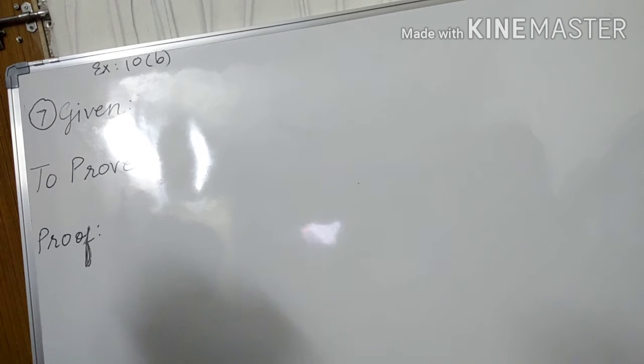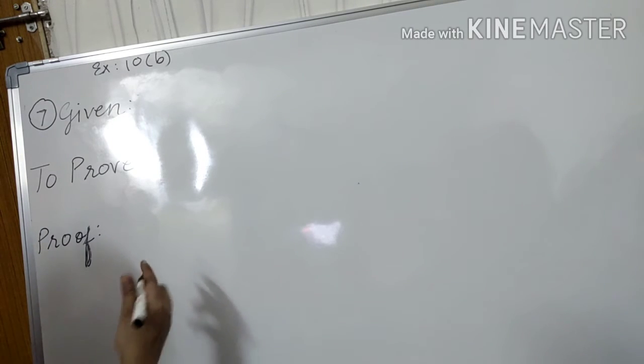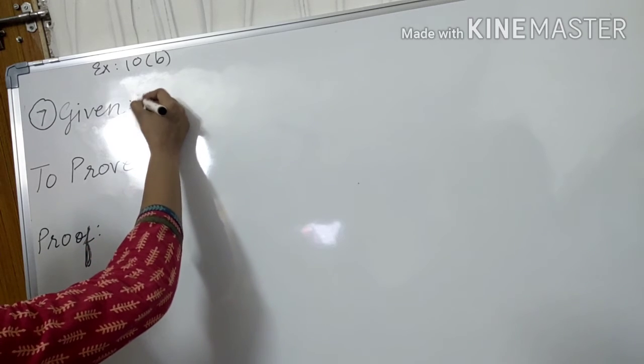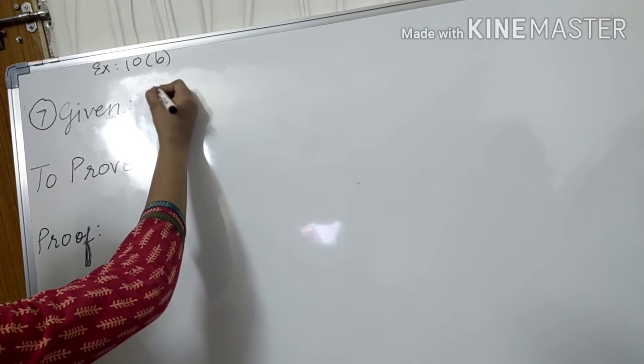So here students, I will first of all write the given part. Here it is given ABCD is a square.